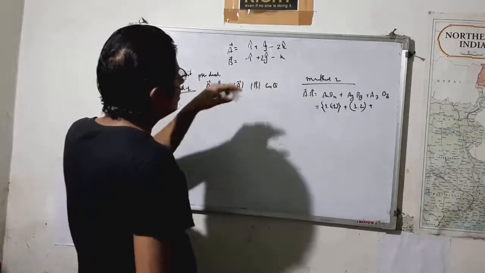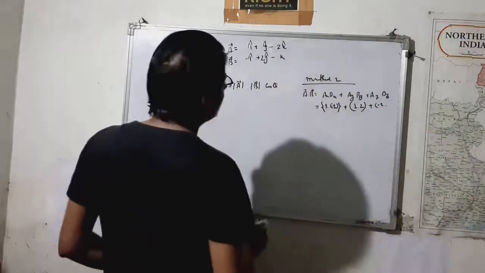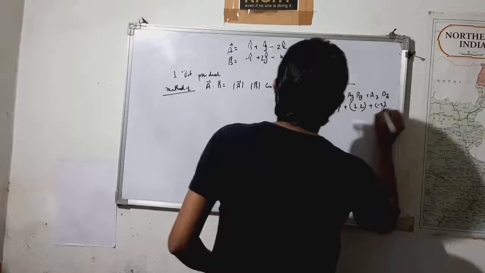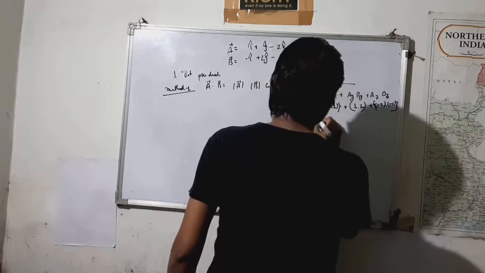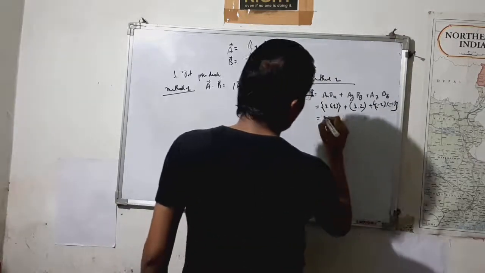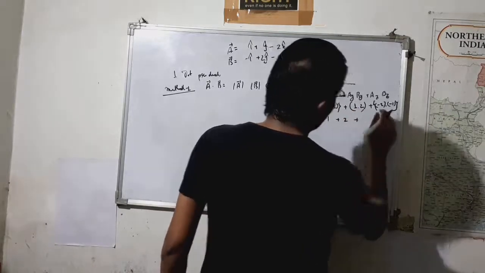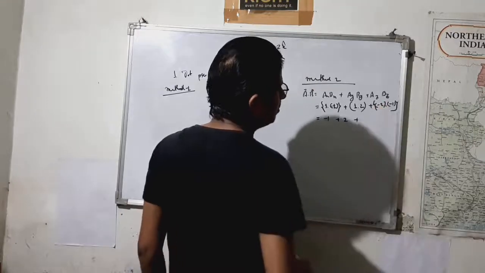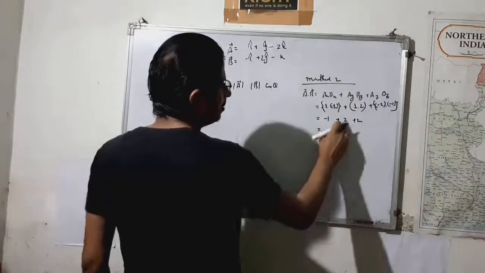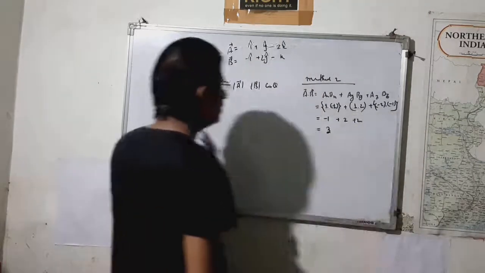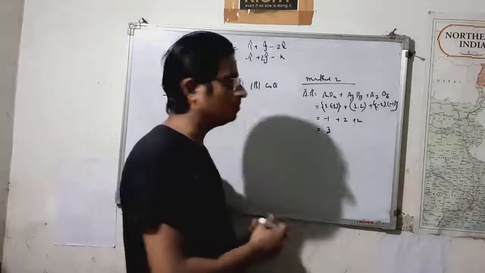Here az is minus 2 and bz is minus 1. So a dot b equals 1 into minus 1, plus 1 into 2, plus minus 2 into minus 1, so it is plus 2. So it is simply 2 plus 2, 4, minus 1, 3. So in this way, in method 2, we can successfully calculate the value of a dot b.